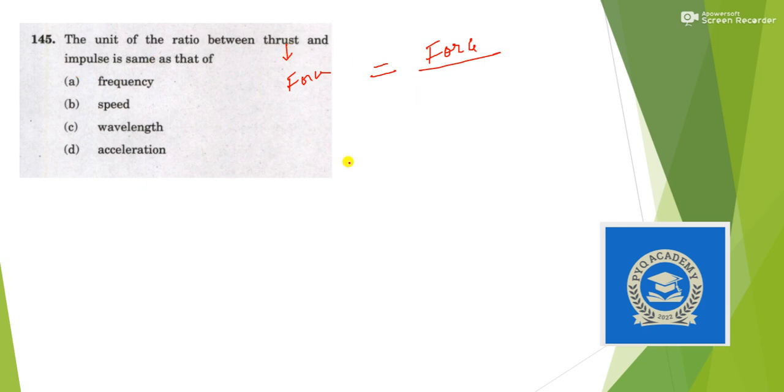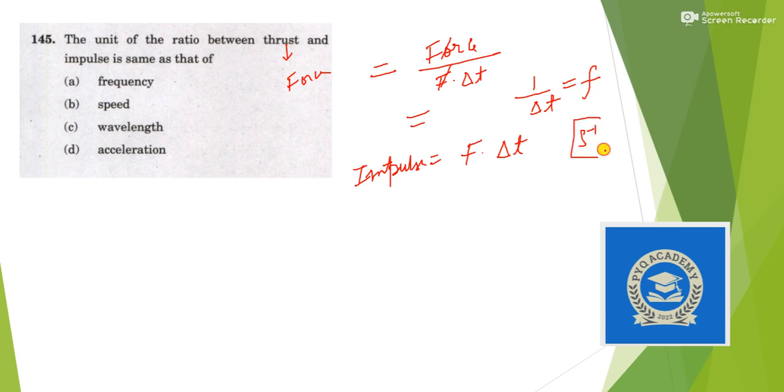The formula of impulse is force into small time. So let's put this F dot small time delta T. If we cut force, it will remain as T, and 1 by T is nothing but frequency, that is second inverse. So here we got our answer option A, frequency.